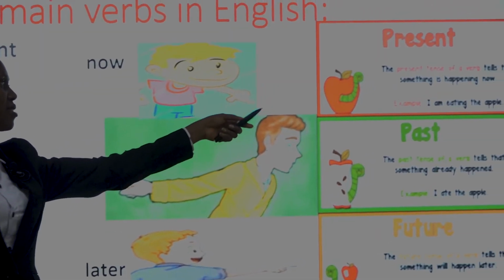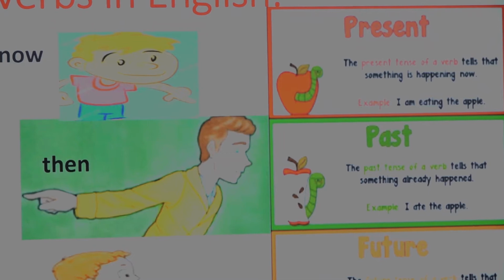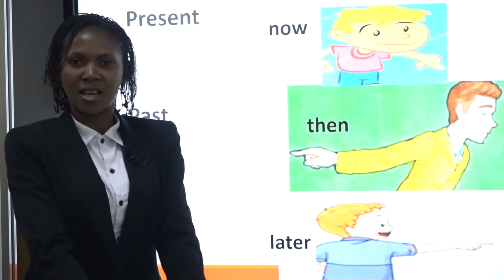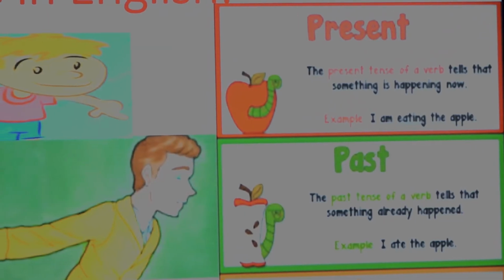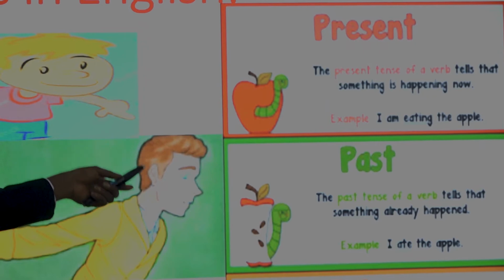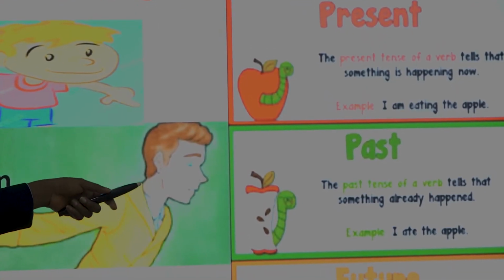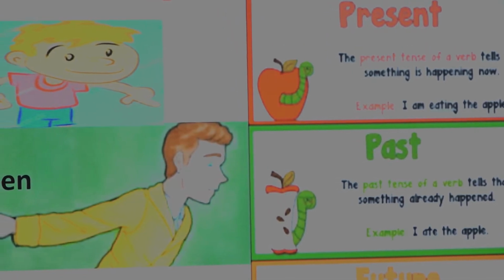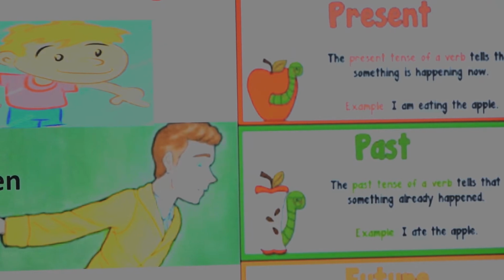The present tense is a verb that tells us something is happening now. For instance, I'm talking, I'm teaching. Example, I'm eating the apple. The past tense of a verb tells us that something has already happened and completed in the past.